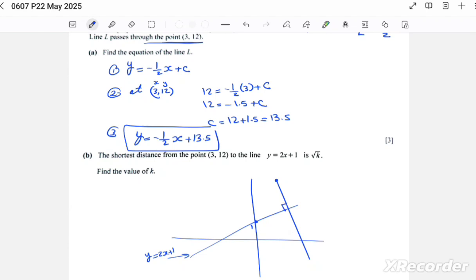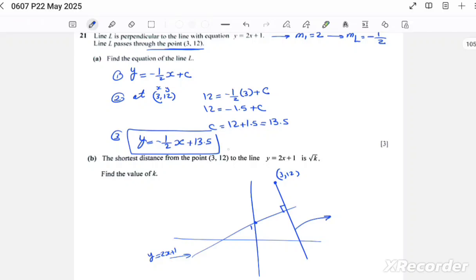In different words, you can say that this line, what you found before, y equals negative 1 half x plus 13.5, gives the shortest distance from this point to the line. So what do we need to find? We need to find the intersection between the two lines.